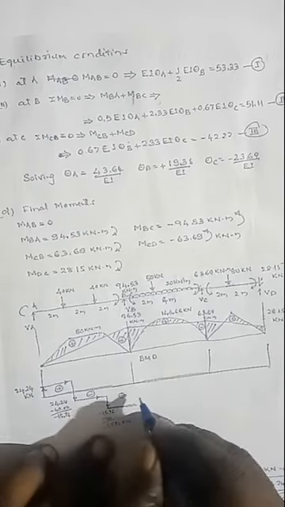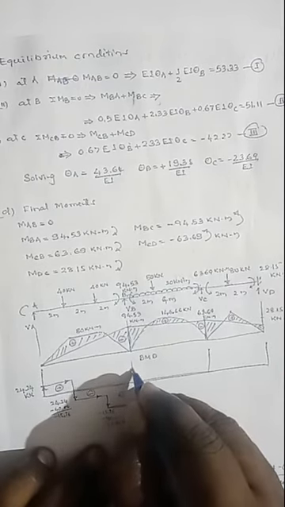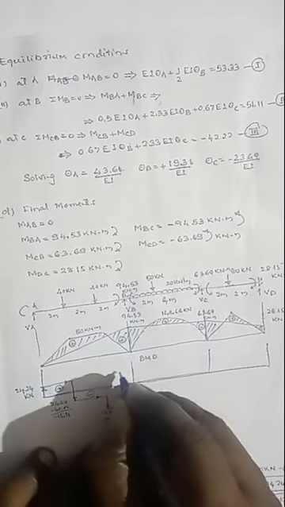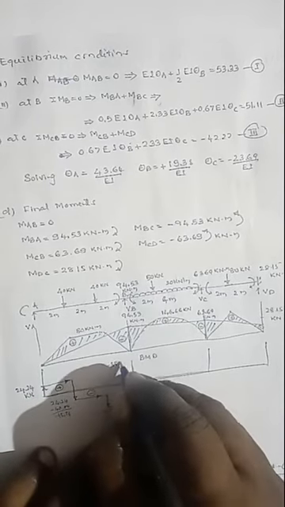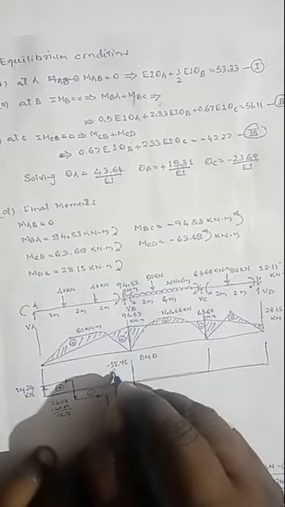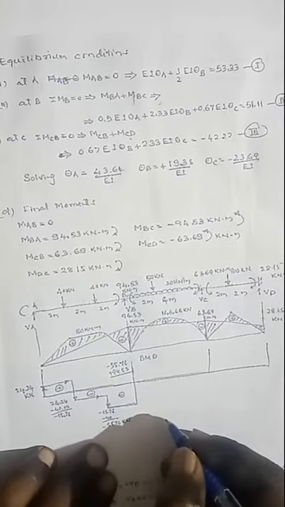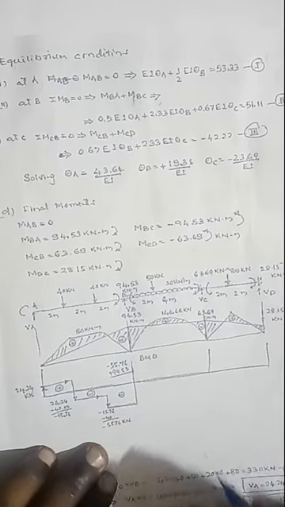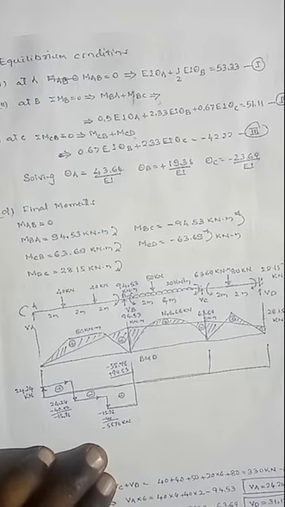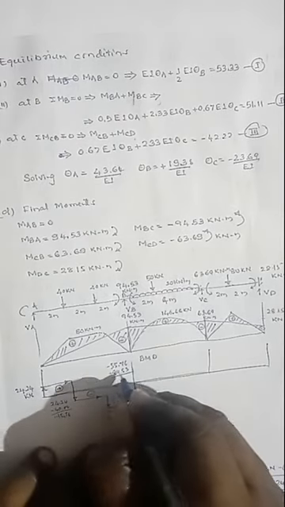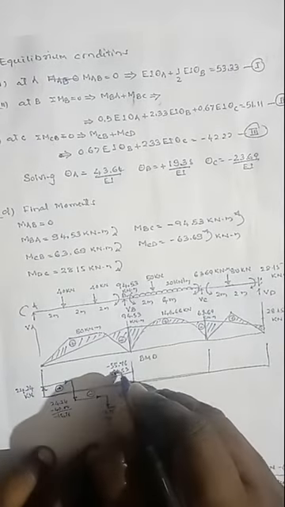Again, there is a support reaction at B, so minus 55.76 plus 154.24, Vb is 154.24.